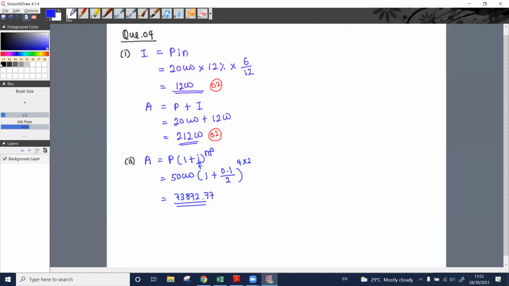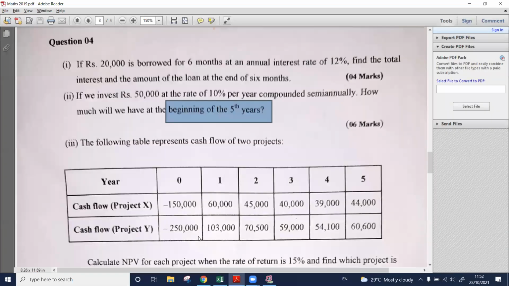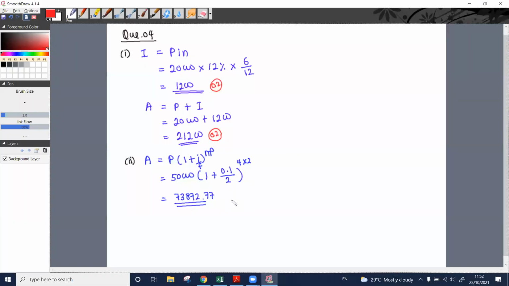This should be the answer for part 2. If you got it correct, you can give 6 marks. For the moment, if you got this correct, give 6 marks, otherwise 0. In the exam, you will get marks for the steps, but here, just go with like that.